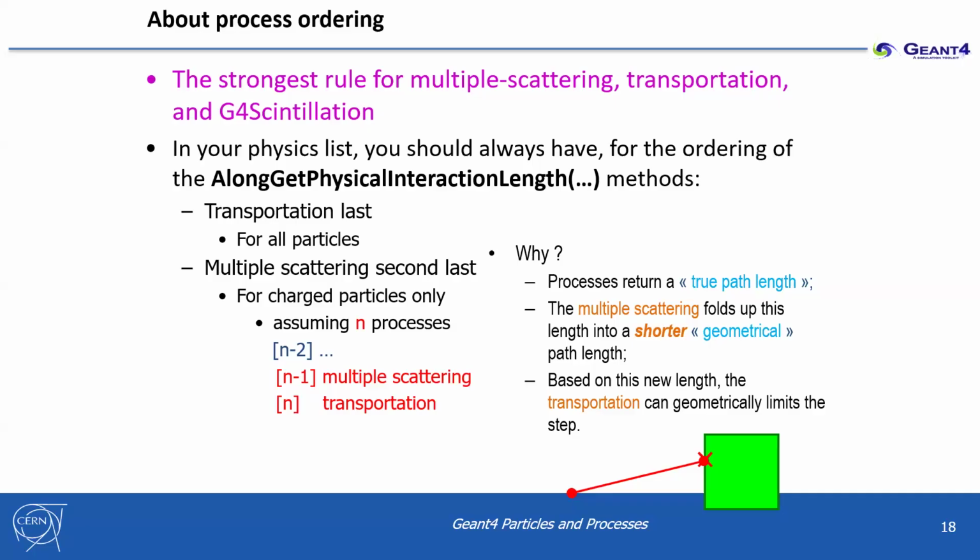But when we ask to do the actions, everything will be in a different order. First, transportation will transport the particle to the given point, then multiple scattering will change the direction of our track, and then all active processes will be called.